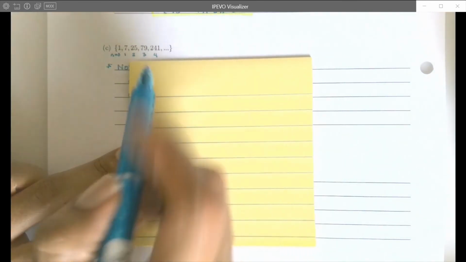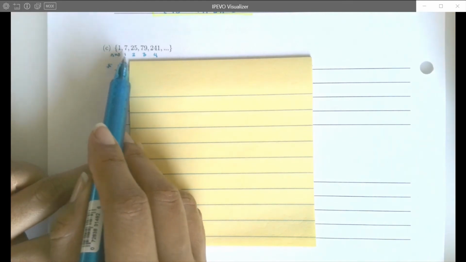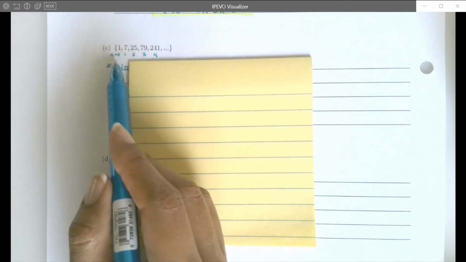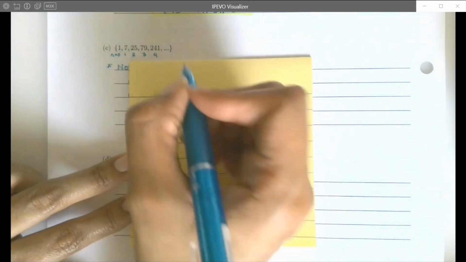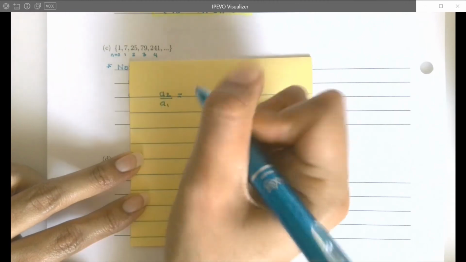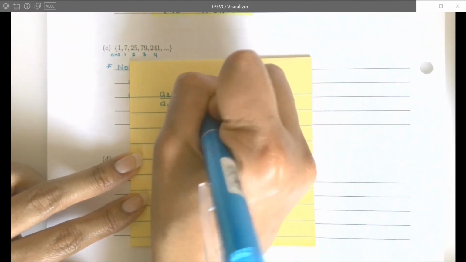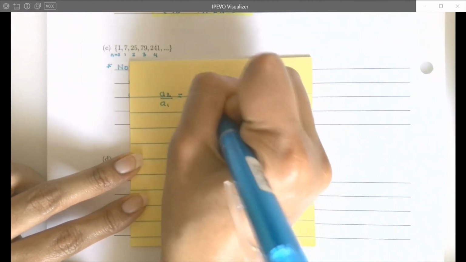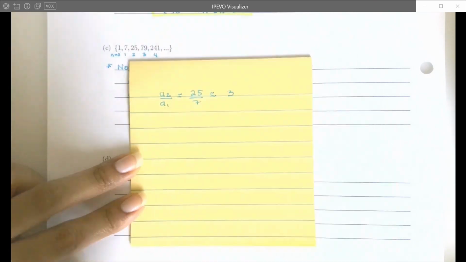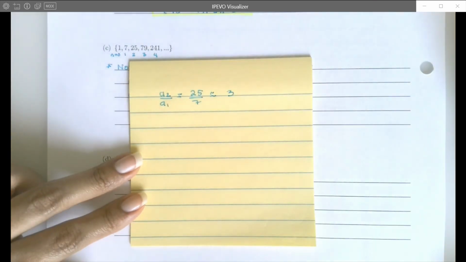By the way, I've listed the index numbers or the input. So for n being 2, if I take the ratio of A2 to A1, we're going to have a 25 to 7, which is going to be approximately 3, because 25 divided by 7 is going to give us like 3 point something.